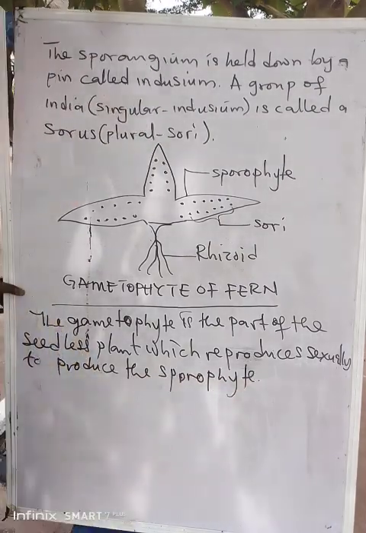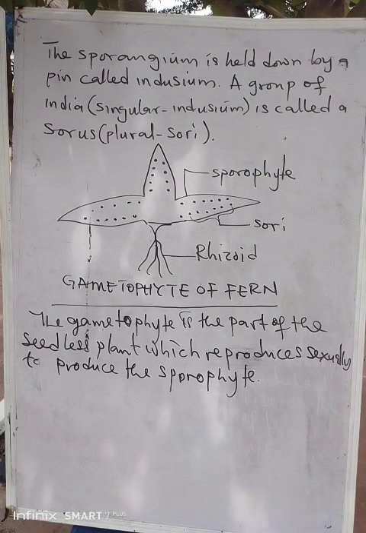That's alternation of generation, like I said. The gametophyte reproduces sexually and produces the sporophyte.